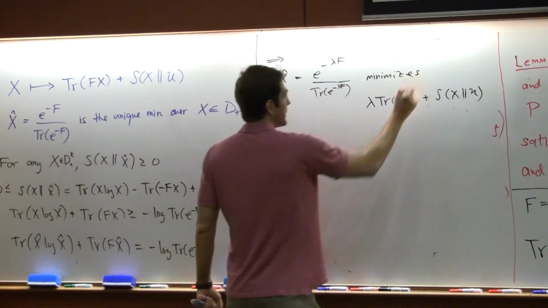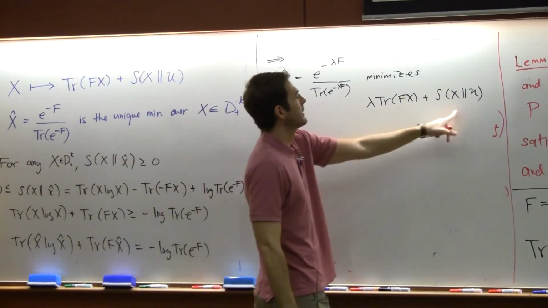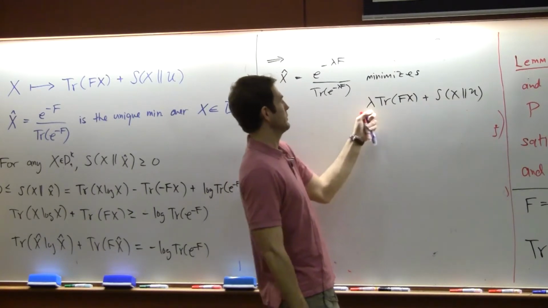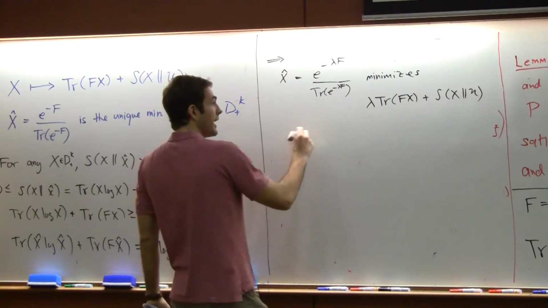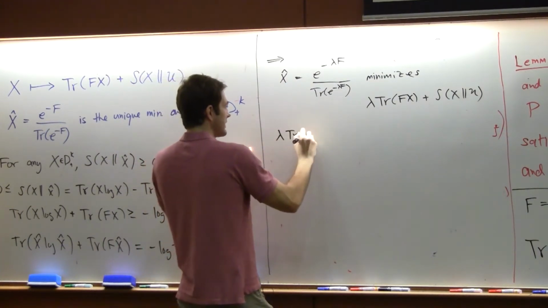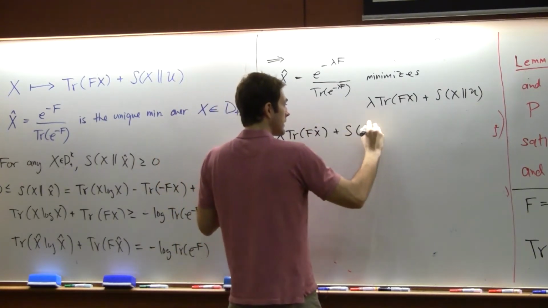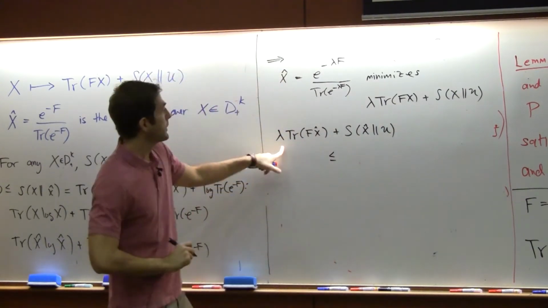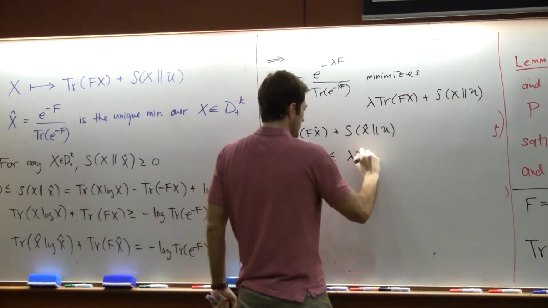I didn't do anything except replace f by lambda f. Okay, this one makes more sense now. We're saying how much do we care about accuracy on the test and how much do we care about the entropy, and we can change this now. So what does it mean? It means that lambda times trace f x hat plus this is the minimizer. So if we plug in q, we definitely get something which is not. Oh, that's good.